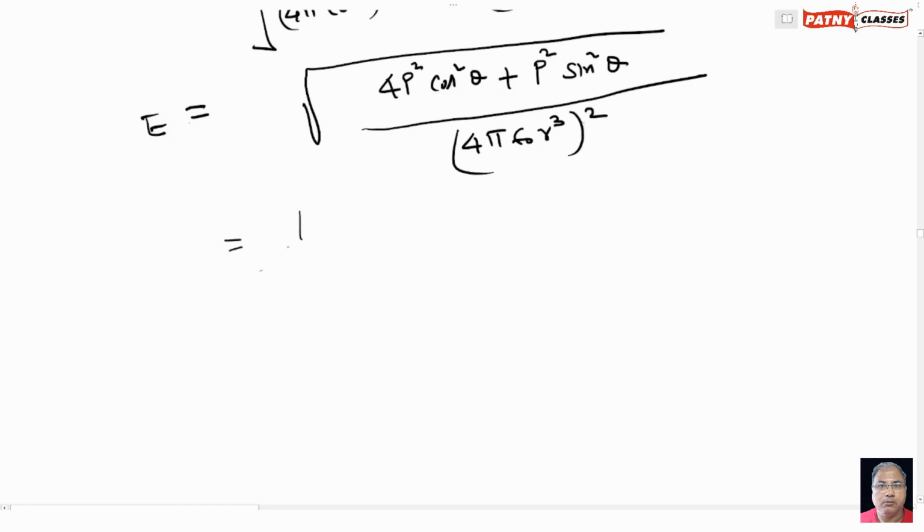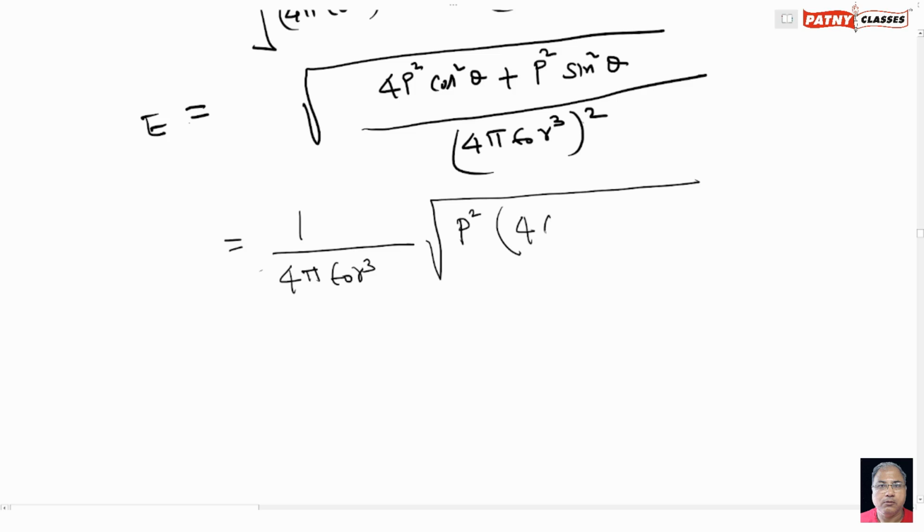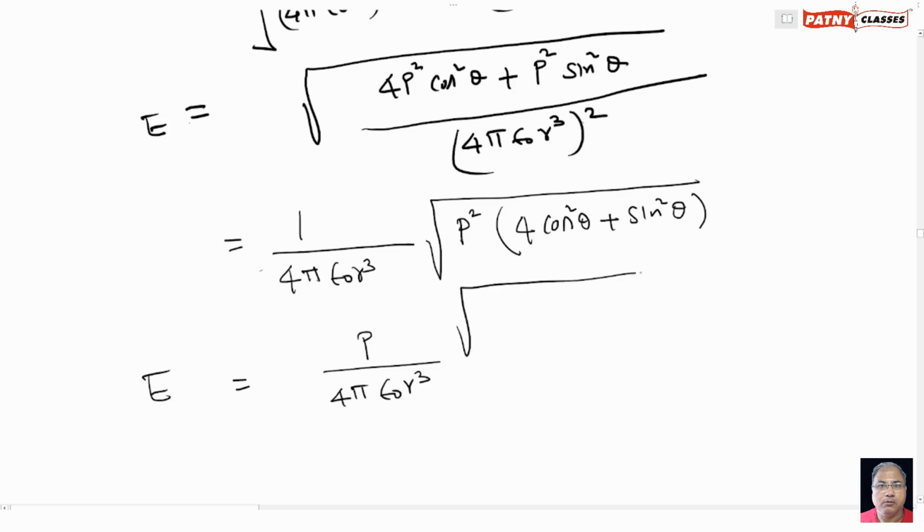Which equals 1 upon 4 pi epsilon r cube under root of, here in the numerator we can take P square common. We got 4 cos square theta plus sin square theta. Even P square can be taken out of the root. So we get P divided by 4 pi epsilon r cube, and 4 cos square theta can be written as 3 cos square theta plus cos square theta plus sin square theta.